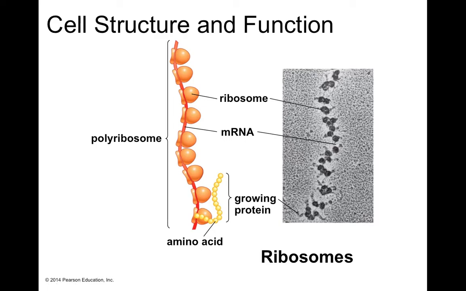All right, so what do ribosomes look like? So there's a lot to take in here, so let me walk you through what you see before we walk you through what's happening. So first, we're looking at an mRNA molecule, a messenger RNA molecule, and that is shown here in red. The messenger RNA is being surrounded by ribosomes. Ribosomes are also RNA molecules.